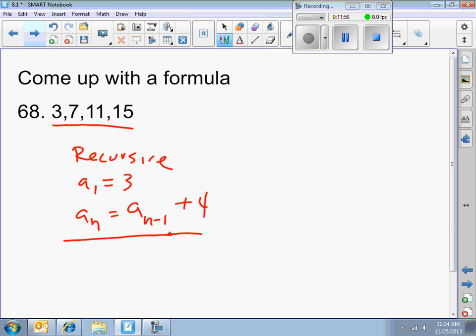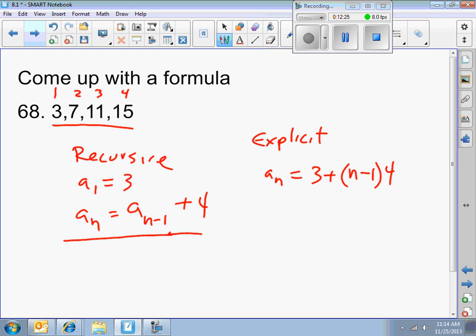Harder to come up with is explicit. And you can do trial and error on these. You want to find something based on the term number, so look at the terms 1, 2, 3, 4, and try to determine it from there. Now it looks to me like if I start with 3, then I have to go n minus 1 times that 4.